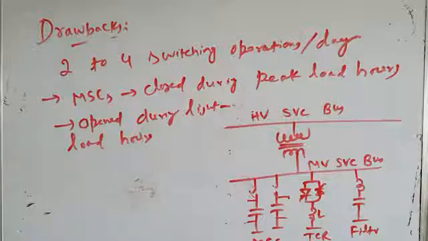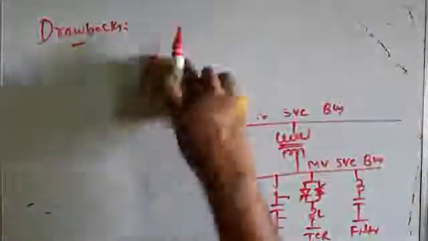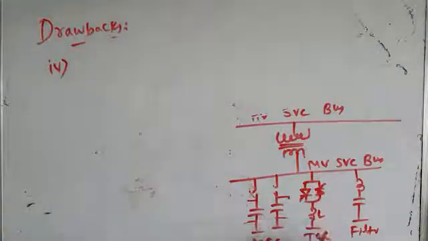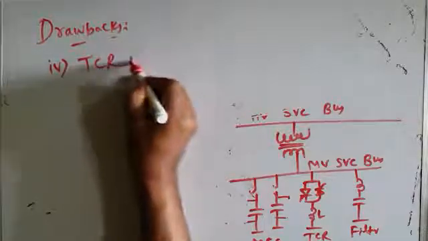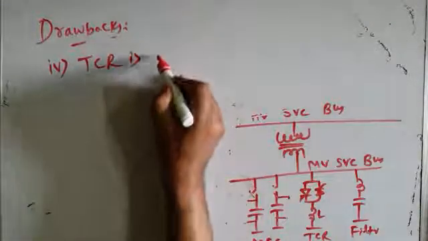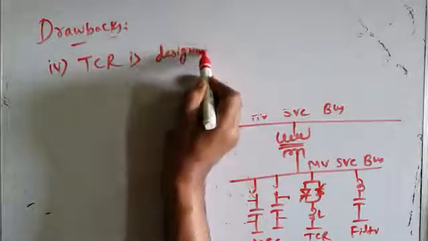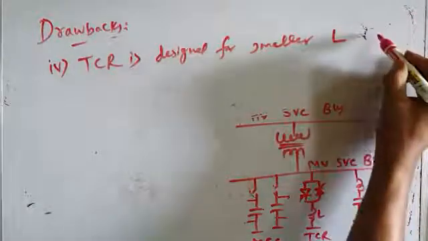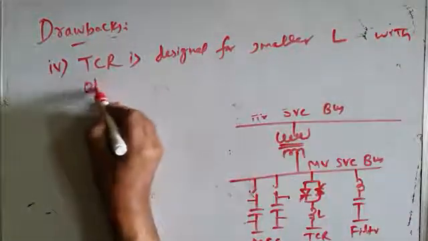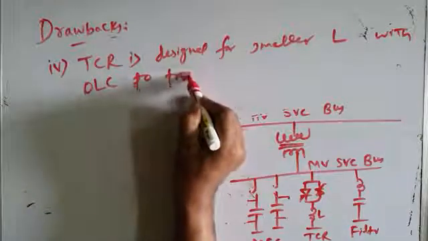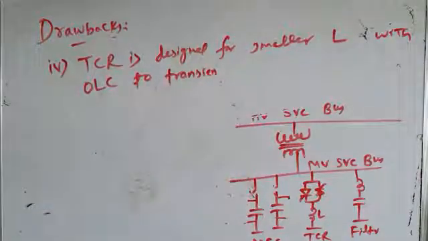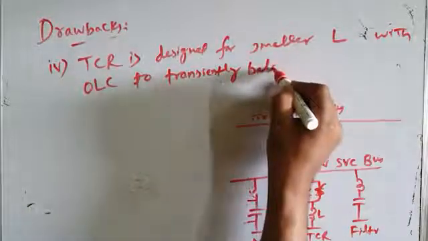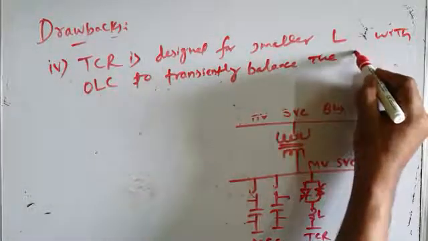Another very important point that you must understand is another drawback as far as this TCR is concerned. In this MSC, TCR, SVC, the TCR is designed for smaller inductance, with some overload capacity to transiently balance the capacitive reactive power.